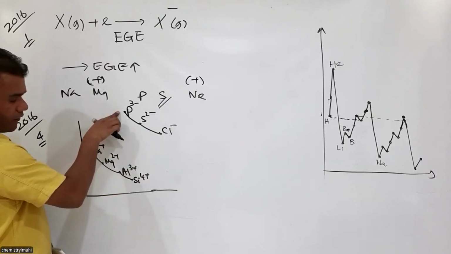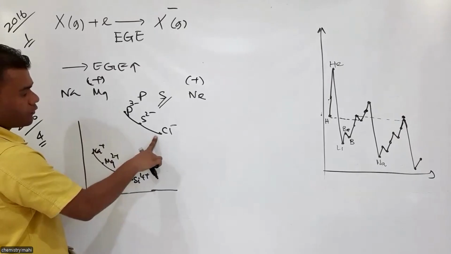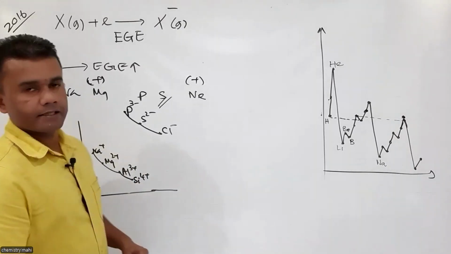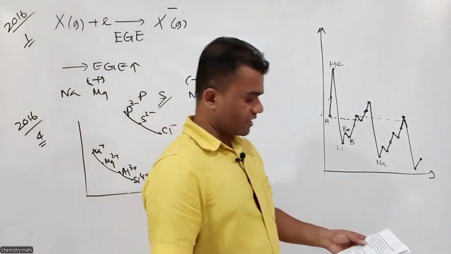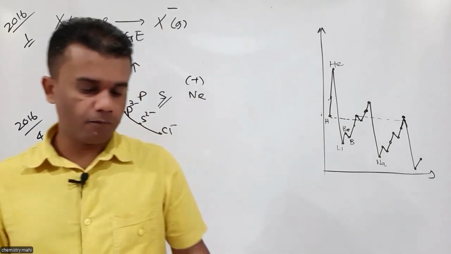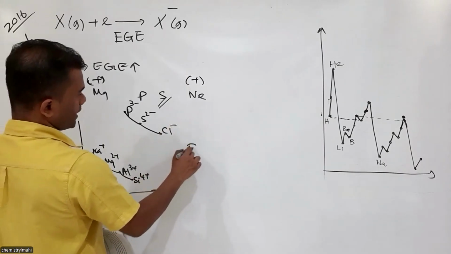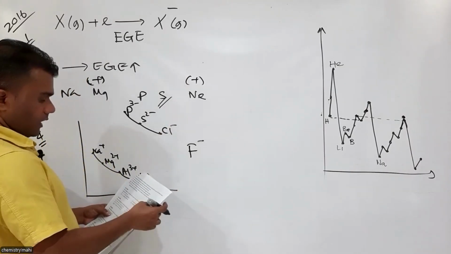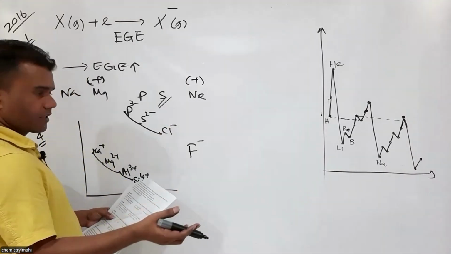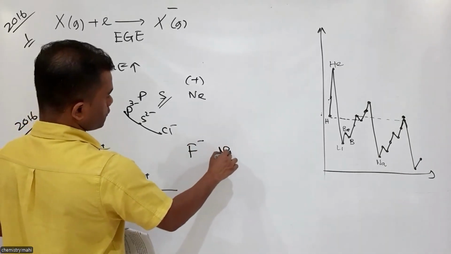If you consider cations from left to right, size decreases. If you consider anions from left to right, it also decreases. Both anions and cations decrease, but the fourth one says anion size increases from left to right. No, wrong. Then the size of anion formed by an element in the second period, like fluorine, anion F-, is larger than the cation formed by an element of the third period, let's say Na+.